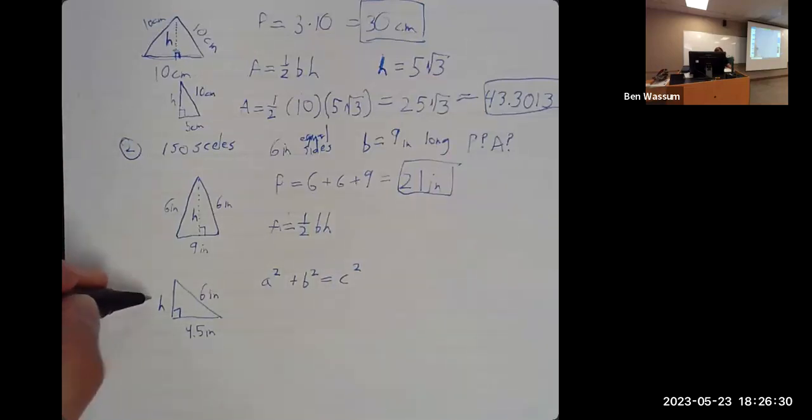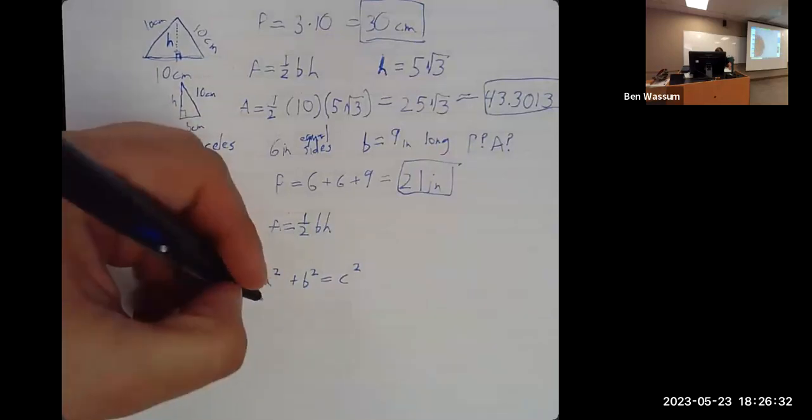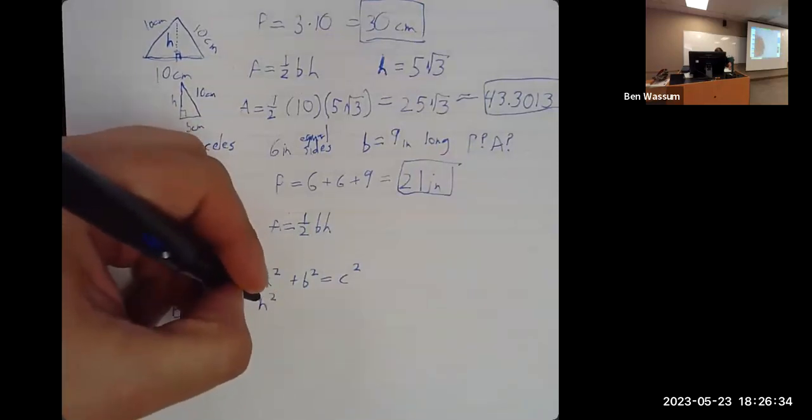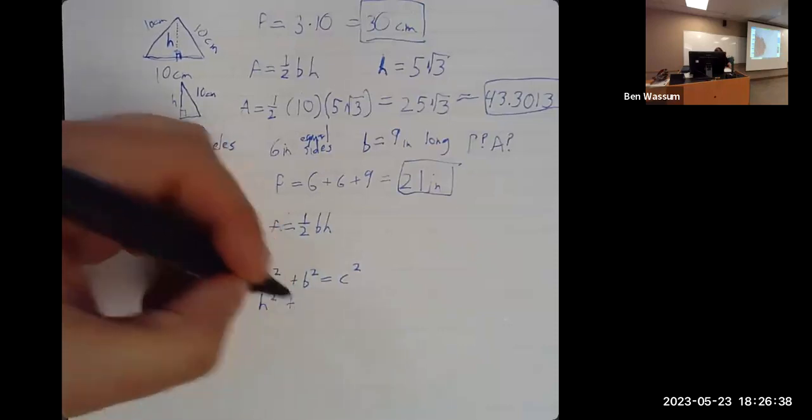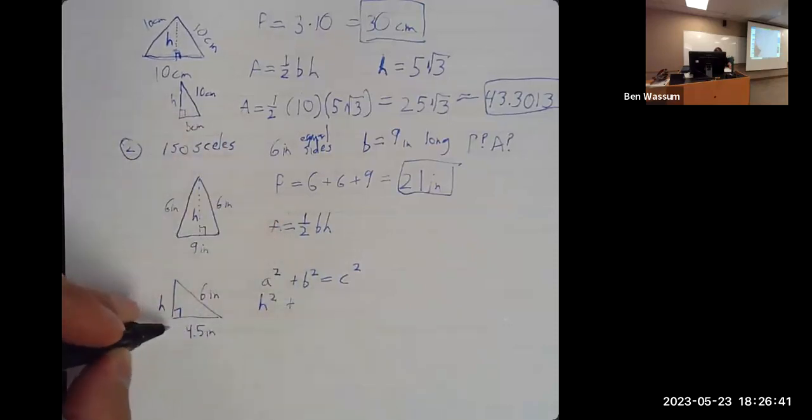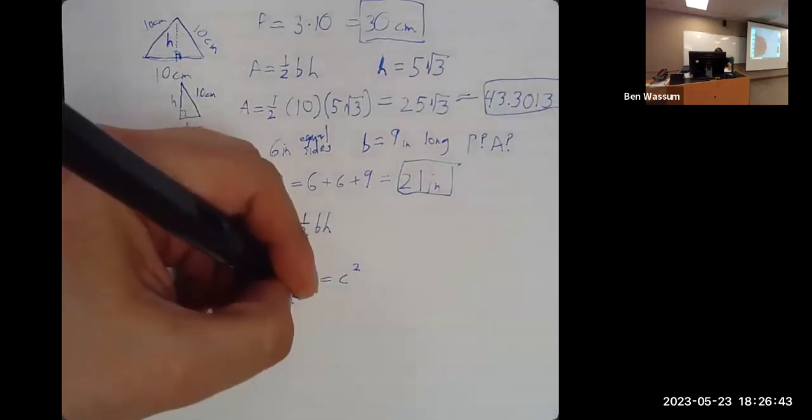So let's just say that A is the height. But we don't know it, so I'm just going to swap that out for an H. Now the B would be the other leg, so that'd be 4.5.